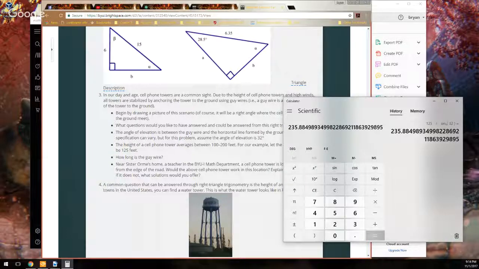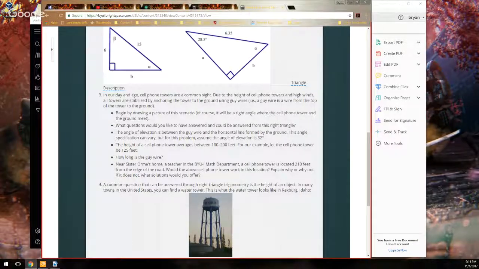So you get about 235 or 236 feet-ish. Yeah, 236. Does that make sense? Yeah.